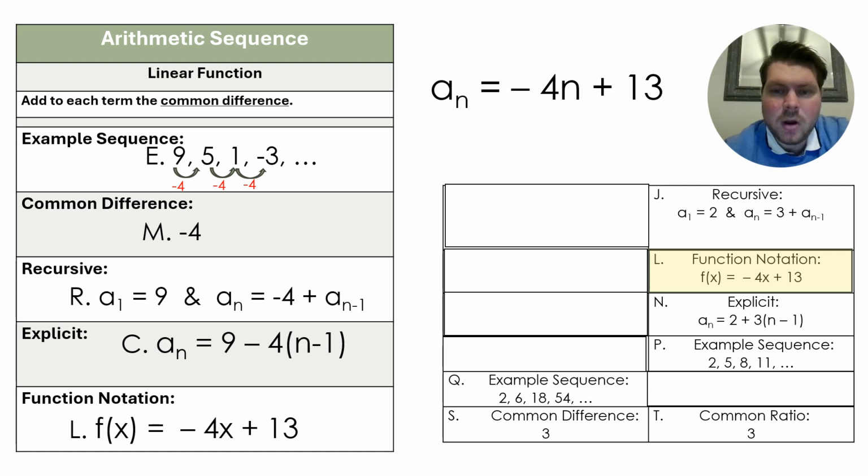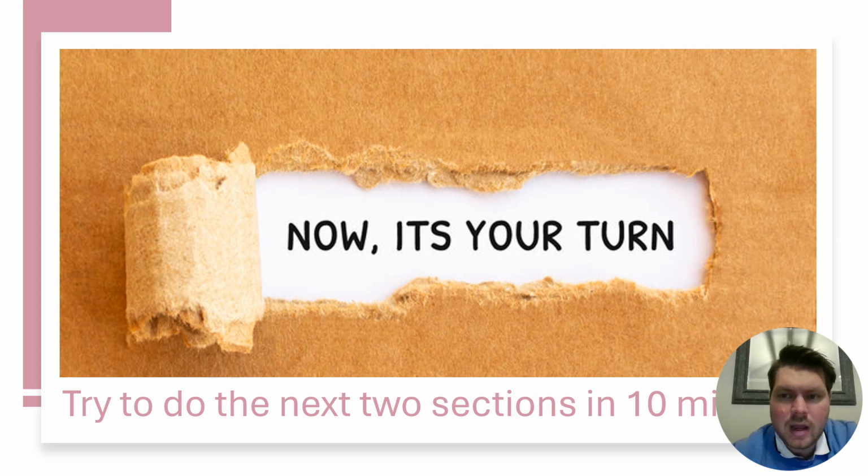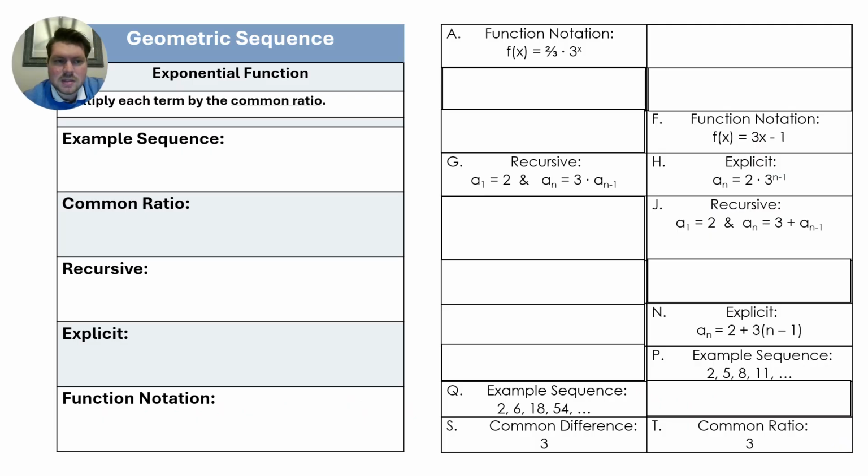Okay, I am hoping you're finding it pretty easy. I really would like you to try the next couple on your own. You can see what's left, so feel free to pause, and then I'll start to go through the answers. So your only geometric pattern that's left is Q, and it's multiplying by 3.